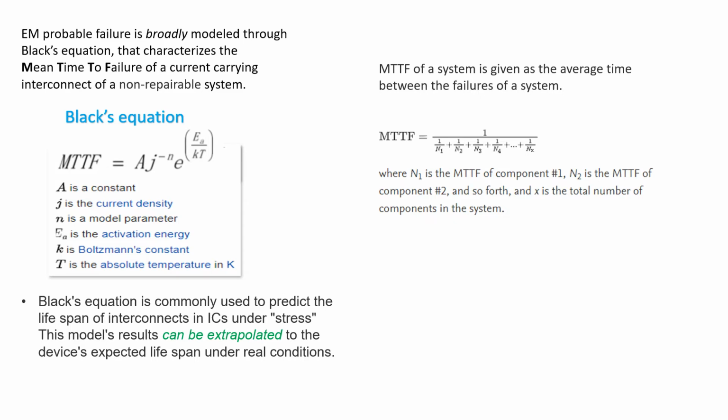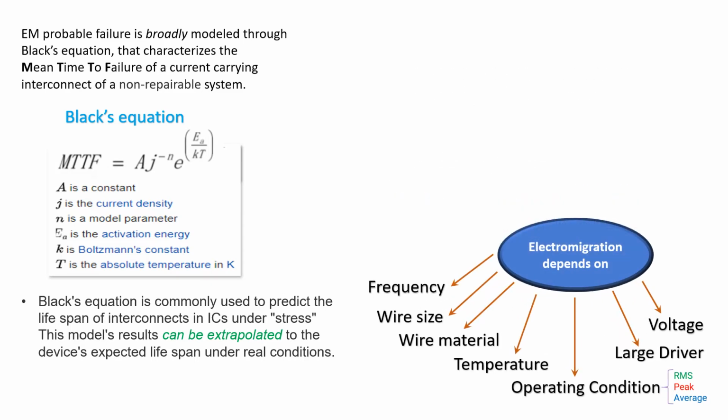That is why if you observe the electromigration dependencies, you will understand that it depends upon frequency, wire size, wire material, temperature, operating condition, voltage and large driver. You will observe that here the constant A depends upon the wire size, wire material, temperature and the operating conditions also.